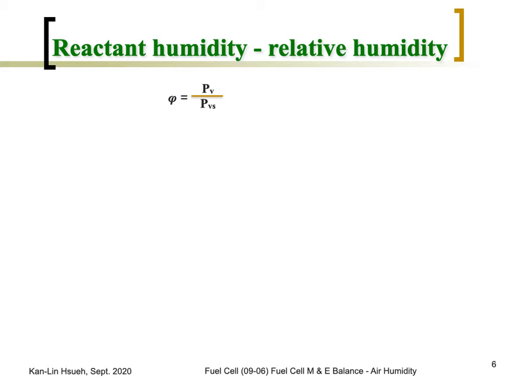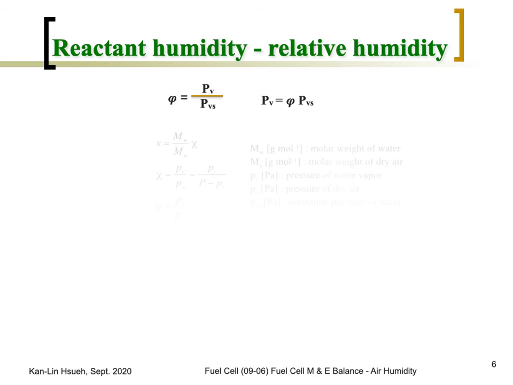The PVS is the saturated vapor pressure at the same temperature. And the PV is the partial pressure at the same temperature but not saturated, actually the partial pressure in the air.